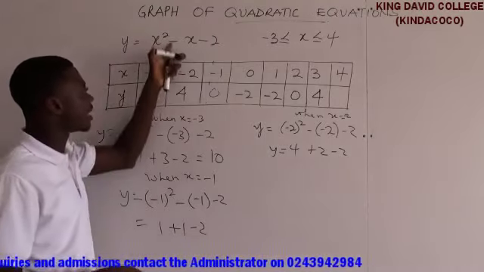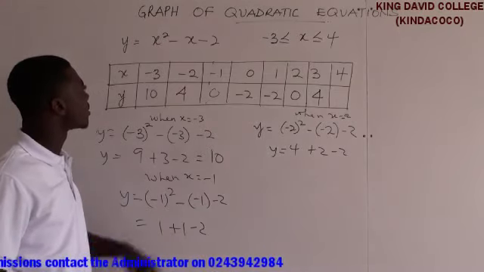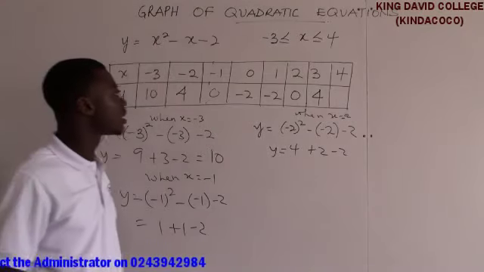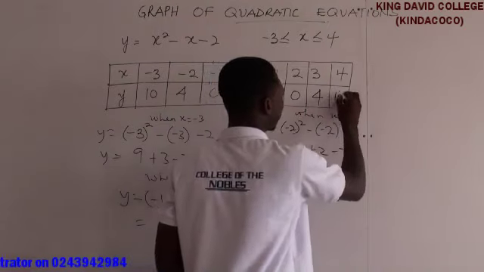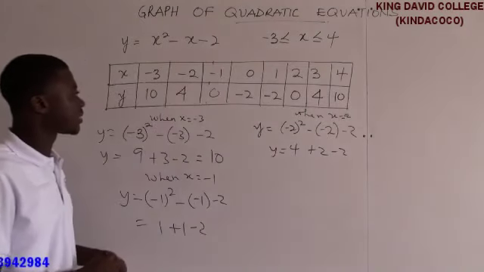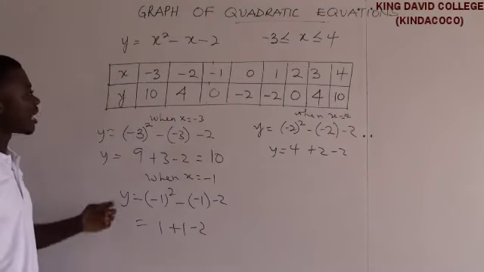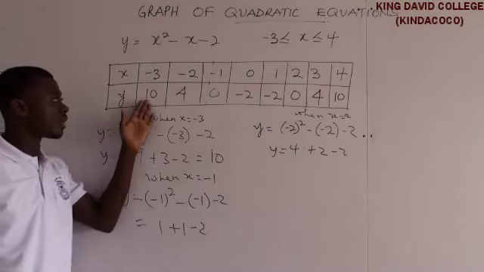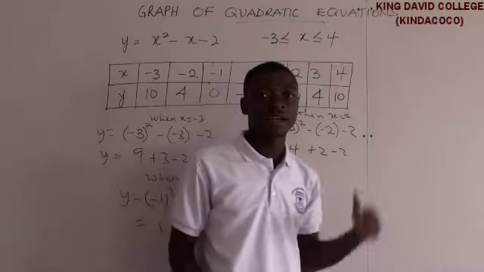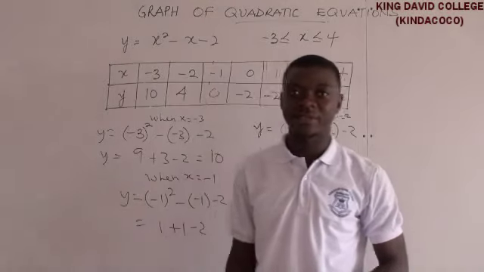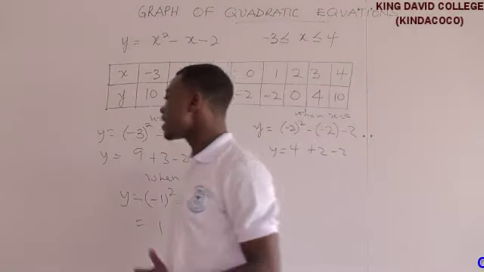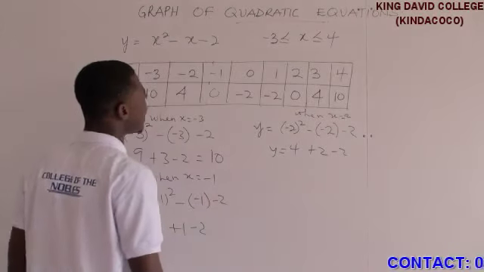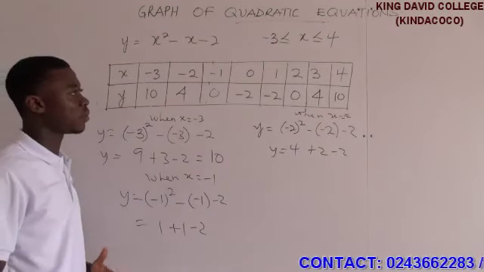So 16 minus 4 is going to be 12. Minus 2 is supposed to be 10. Okay. So virtually this is what you are going to have. So you are having your codomain ranging from -2 to 10. Good. So immediately I'm done completing my table.